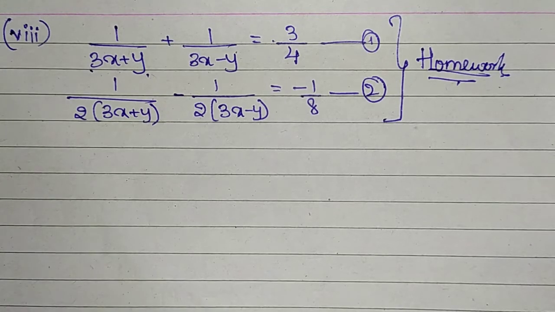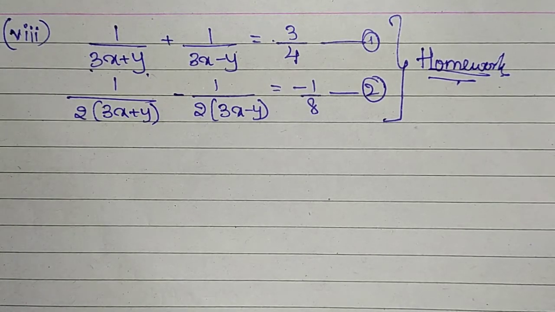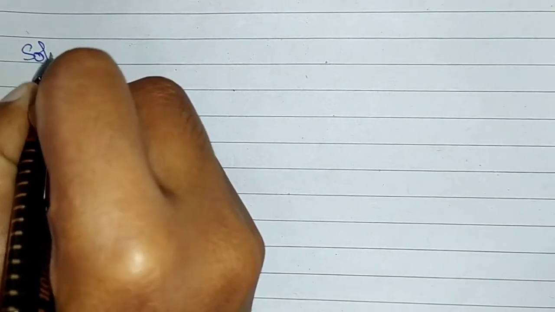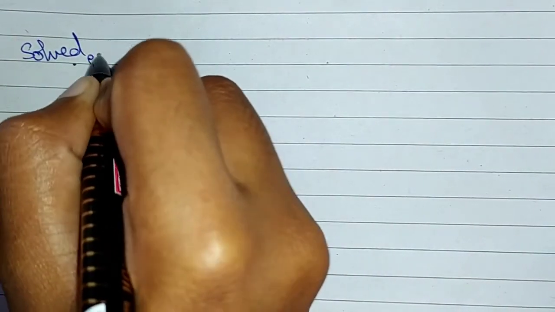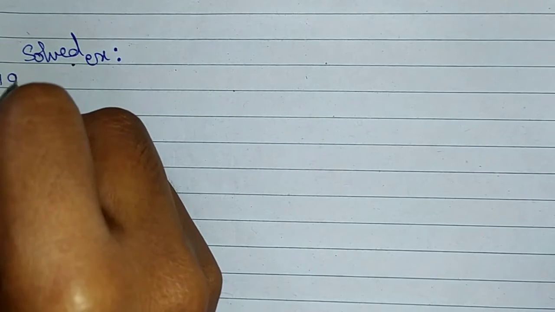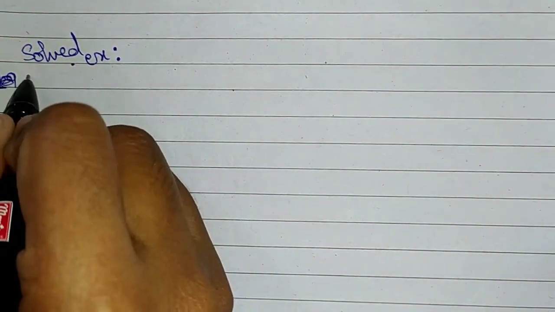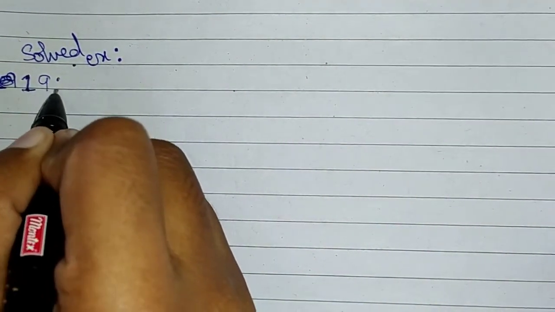So without wasting any time, I will move to the second main, but before that, let us solve your solved example 19, which talks about a boat which is going upstream and downstream in a river. So before we go into the question, we need to understand what is upstream and what is downstream.